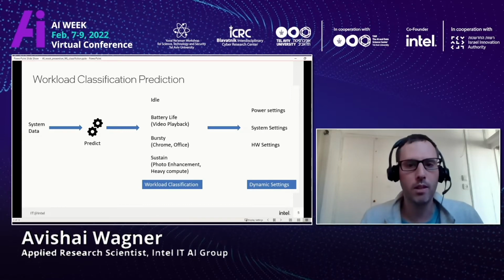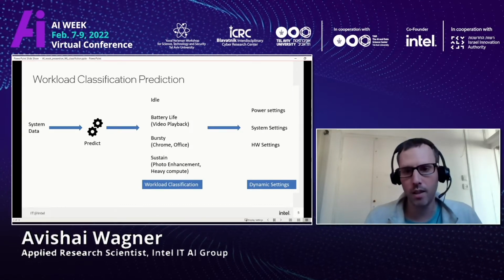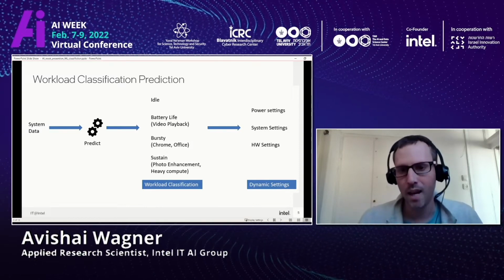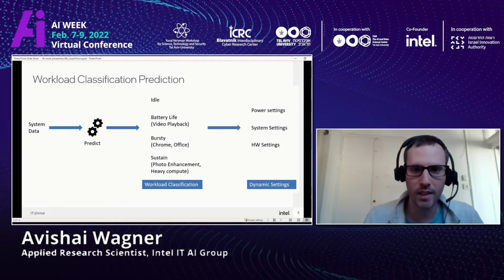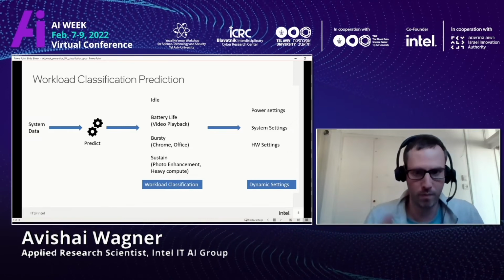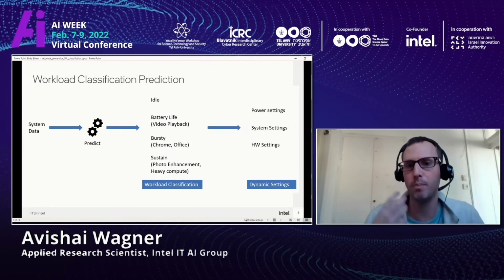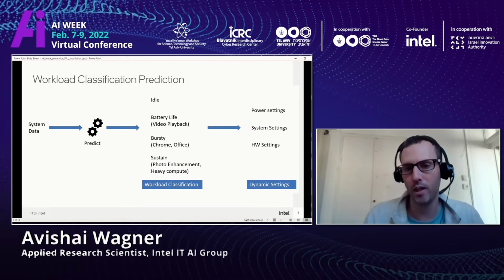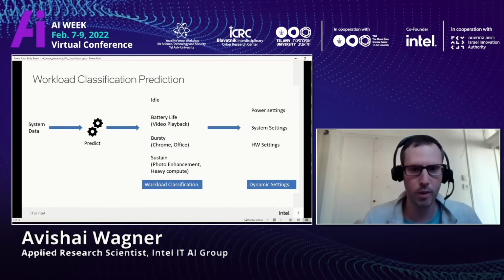The third workload is bursty. In bursty, most of the time your power is also not too high. However, bursts of activity interrupt these periods of idle or battery life. These bursts are really short and have really high power. They are really heavy to compute.